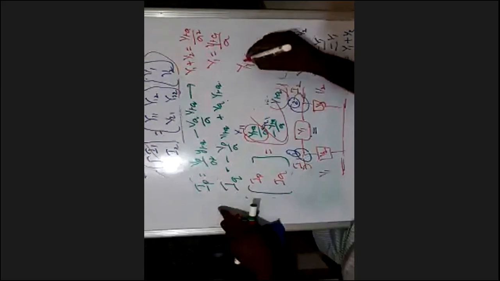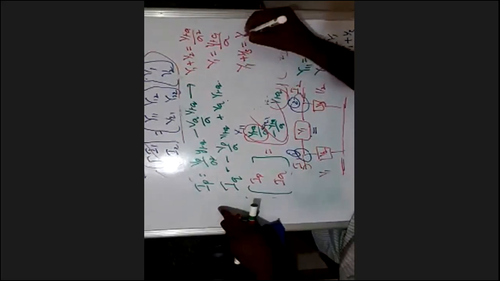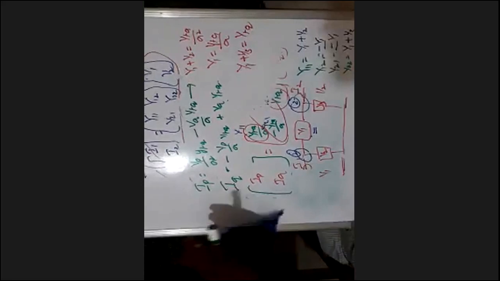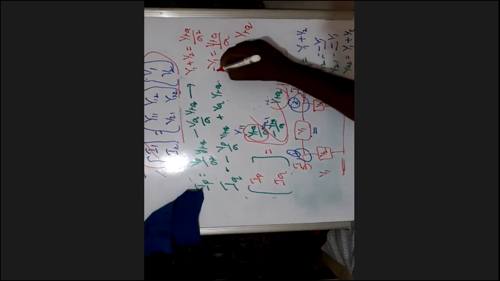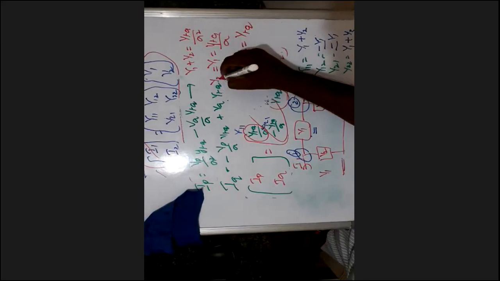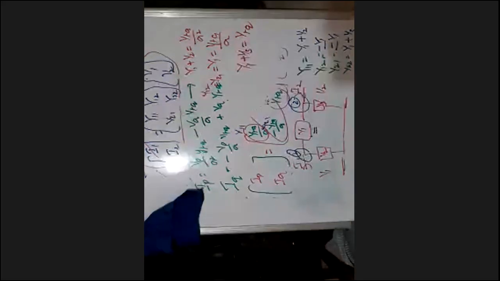Sorry, Y1 plus Y3 is equal to YTQ. Yes, sir. This is equal to Y21, which is equal to Y12, because the negative sign must be put by default, with a negative sign.